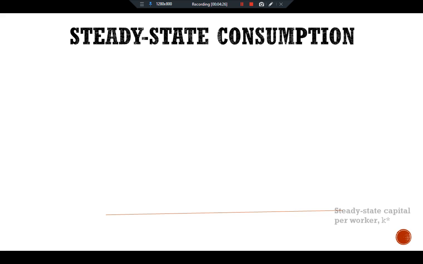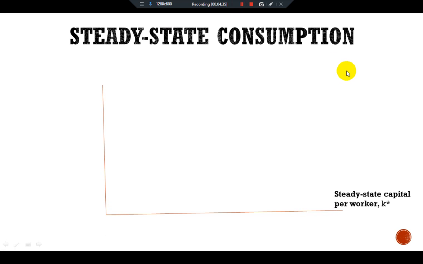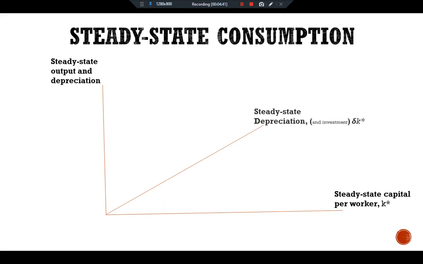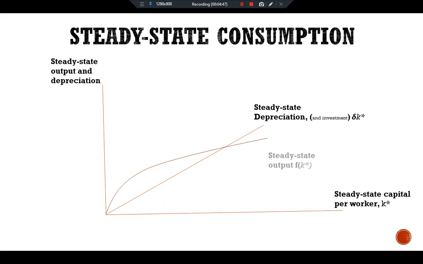How can we find steady state consumption? We have steady state capital per worker on the x-axis, and steady state output and depreciation on the y-axis. We have steady state depreciation and investment, δk*, and steady state output, f(k*), and the difference between steady state output and depreciation is c*gold. There is one golden rule level of capital, k*gold.